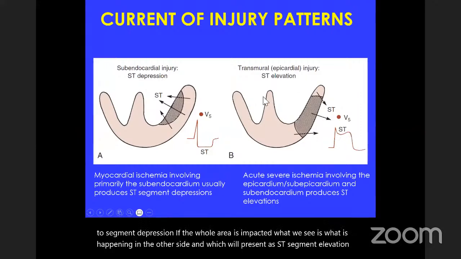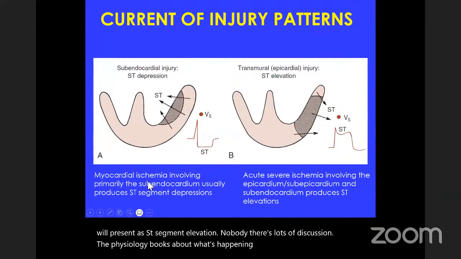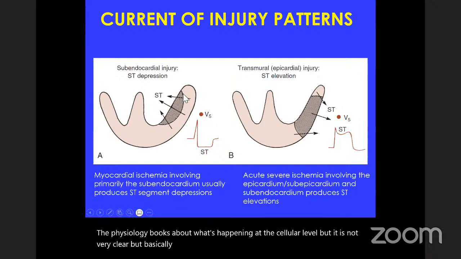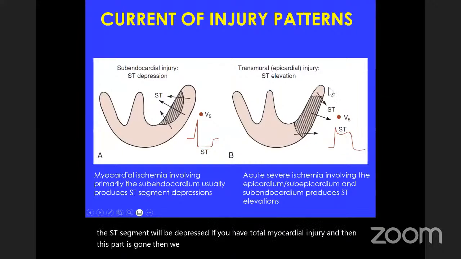There is lots of discussion in the physiology literature about what's happening at the cellular level, but it is not very clear. Basically, if you have only ischemia or subendocardial involvement, the ST segment will usually be depressed. If you have total myocardial injury and this part is gone, then we will have ST segment elevation from the other part around that area.